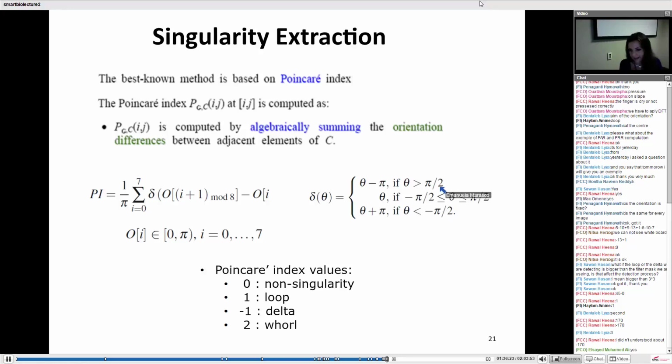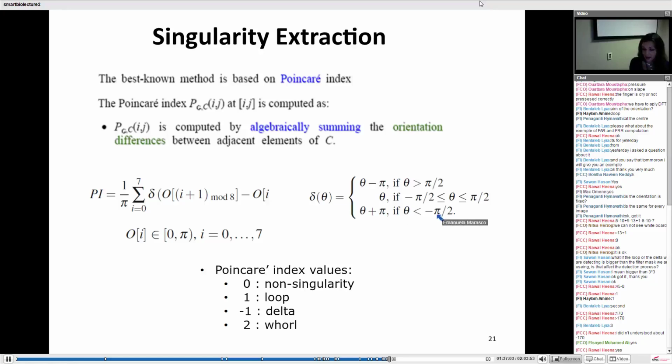If theta, the difference, is greater than 90 degrees, then we consider theta minus 180. If it's between minus 90 and 90, we consider theta. If it's less than minus 90, we consider theta plus 180. In our case, minus 170 is the third case, right? Raul, do you agree that we are in the third case? With minus 170, we are exactly here.